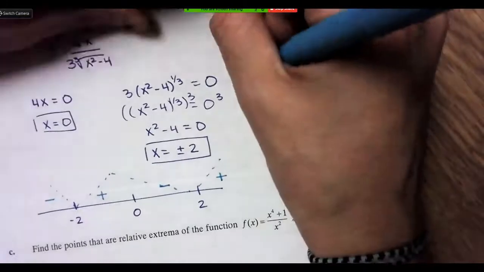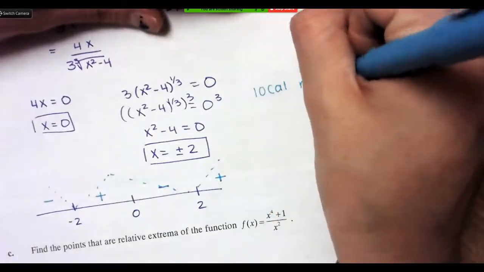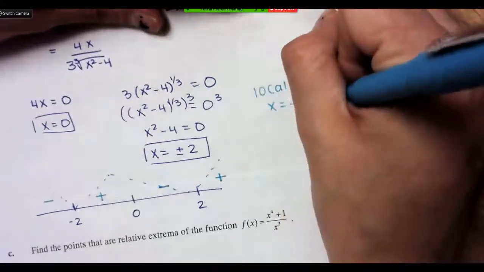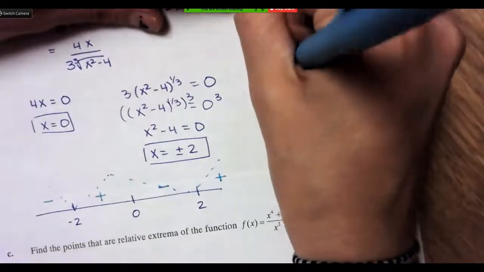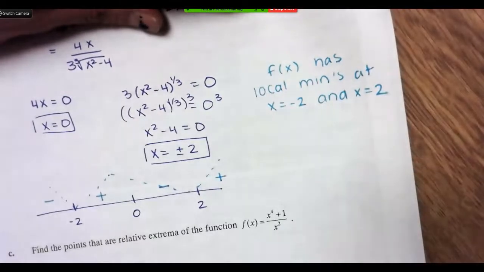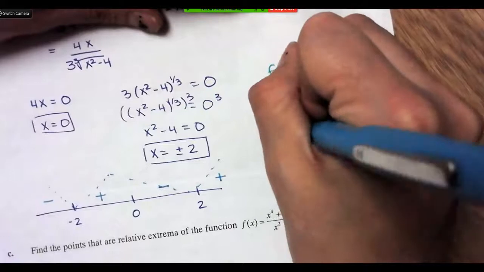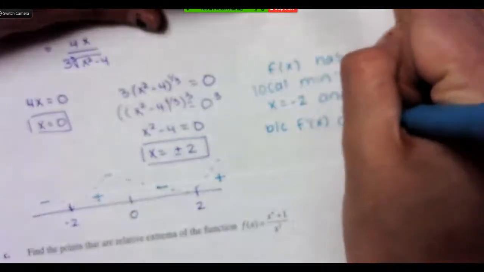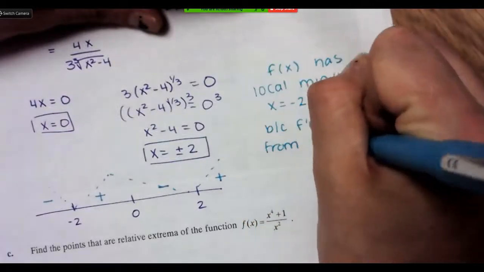I have local mins at x equals negative 2 and x equals 2. So f of x has local mins at negative 2 and 2 because f prime of x changes from negative to positive.